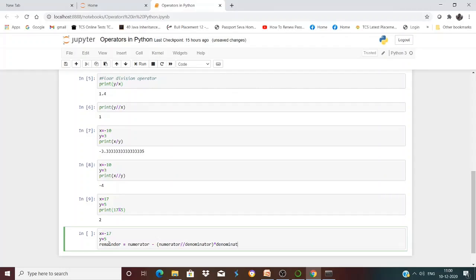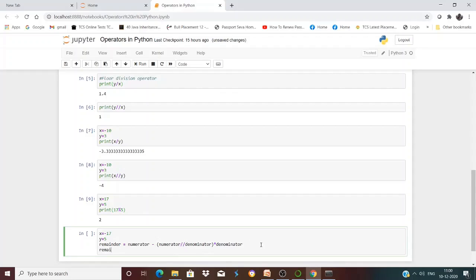So this is the rule that is followed when the modulus operator is applied on negative numbers. Fine. So for our case, let's put the numbers in their respective places.